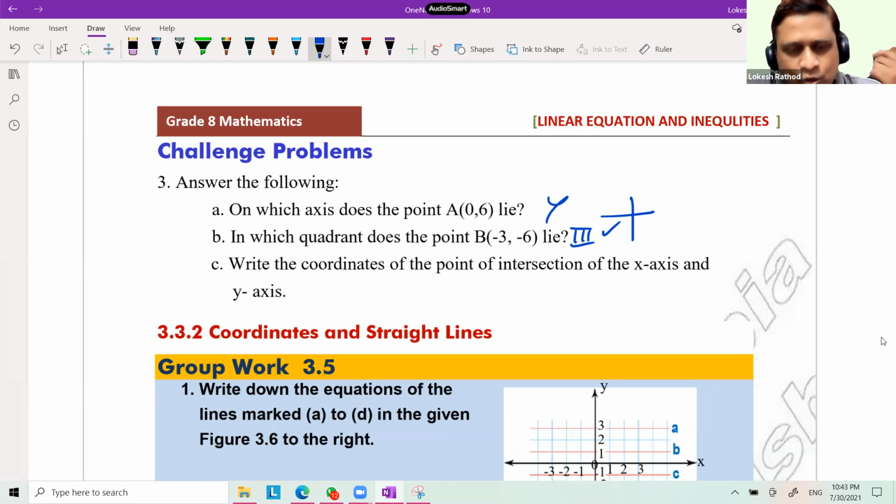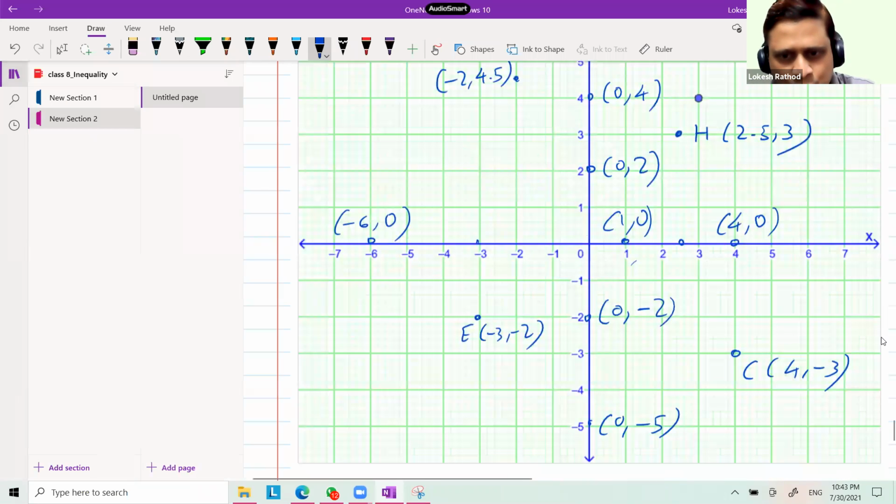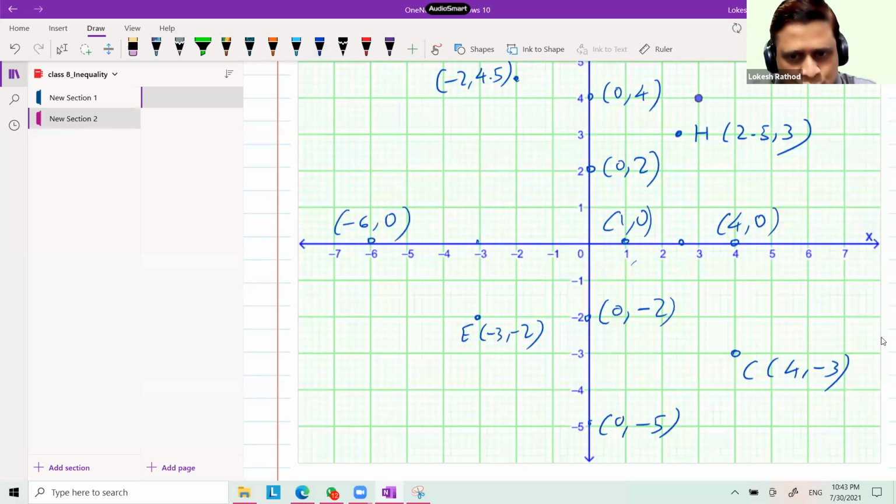Write the coordinates of the point of intersection of the x-axis and y-axis. That is the origin. Intersection of the x-axis and y-axis is this point, origin, and its coordinates are (0, 0). X coordinate is 0 and y coordinate is also 0. Since this point is on the x-axis, its y coordinate is 0.